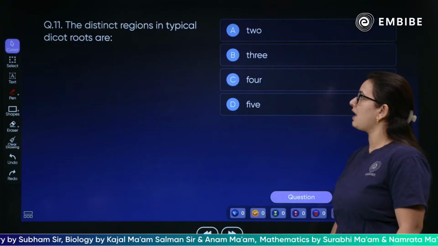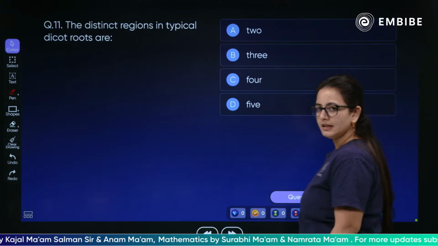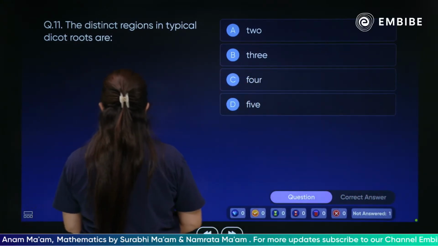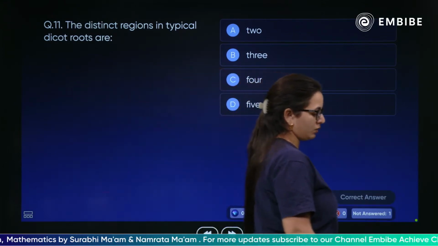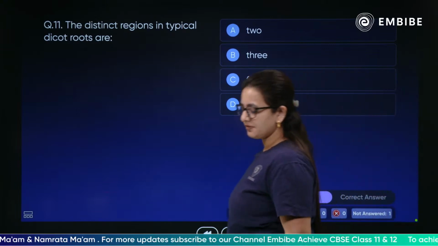Next question: a dicot root will have how many distinct regions? 2, 3, 4, 5?